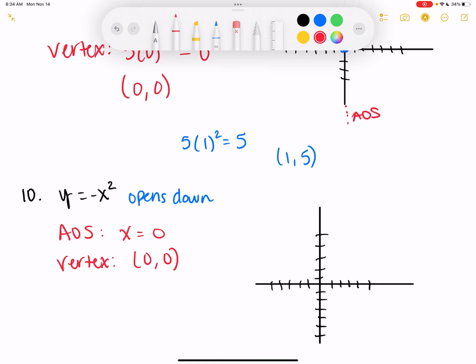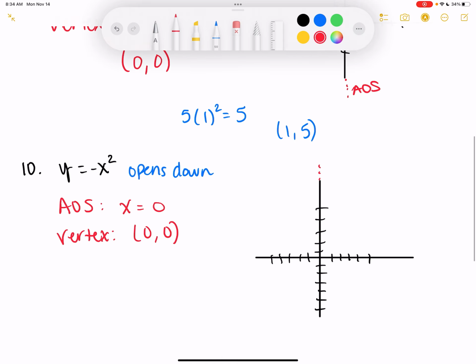So again, I'm just going to extend my y-axis here. My vertex is at 0, 0. And then I'm going to do the same thing like I did in the last one.